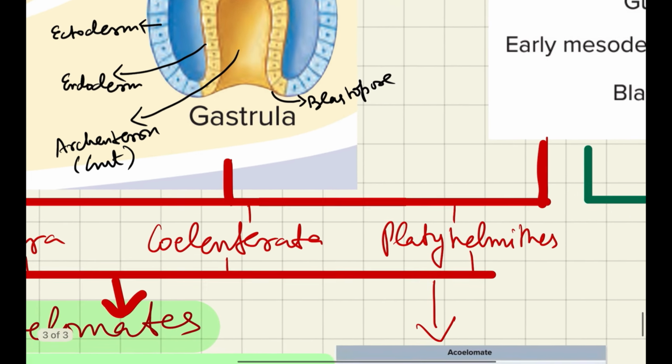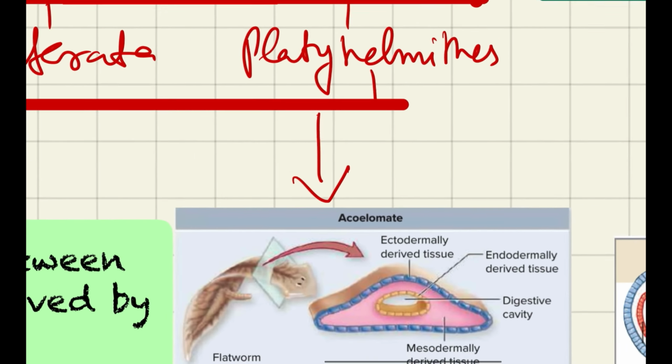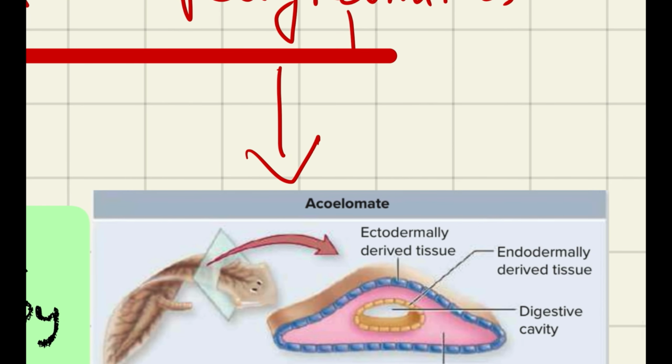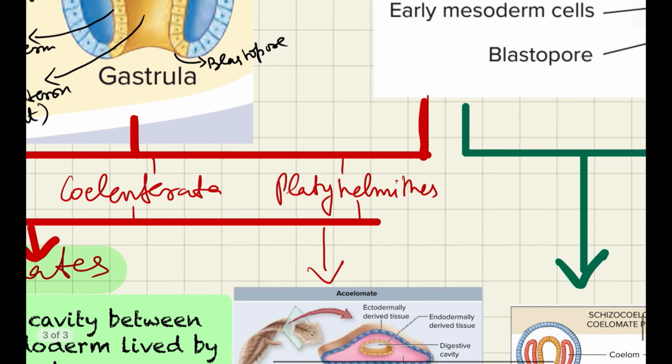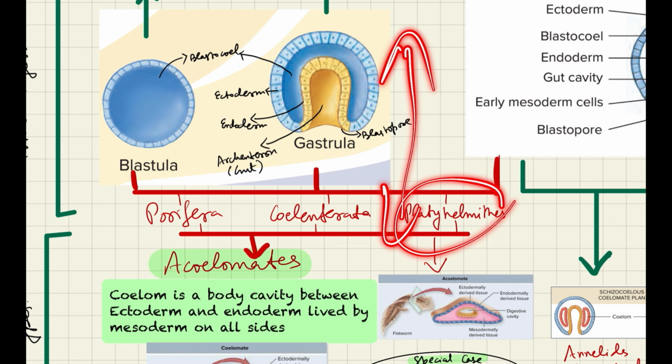Then let's come to platyhelminths. Here we can see that this blastocoel cavity is completely filled by this mesodermal layer, and there is no cavity. They are acoelomates. So let's come to the first interlinkage up to this part. This is an exceptional thing.